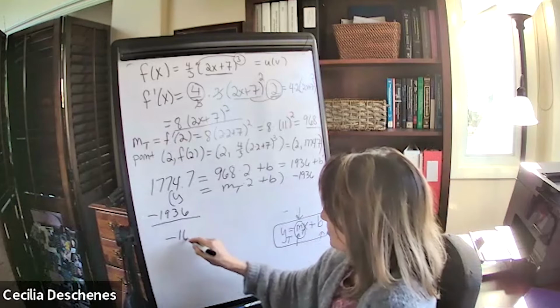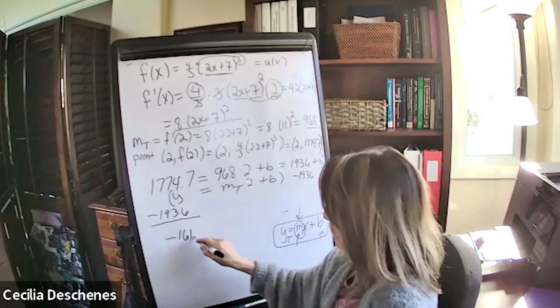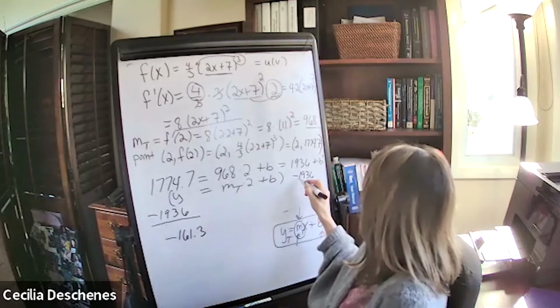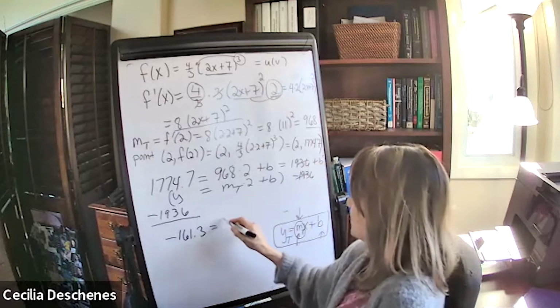So that's negative 161.3, and these cancel, and we're left with that equals b.